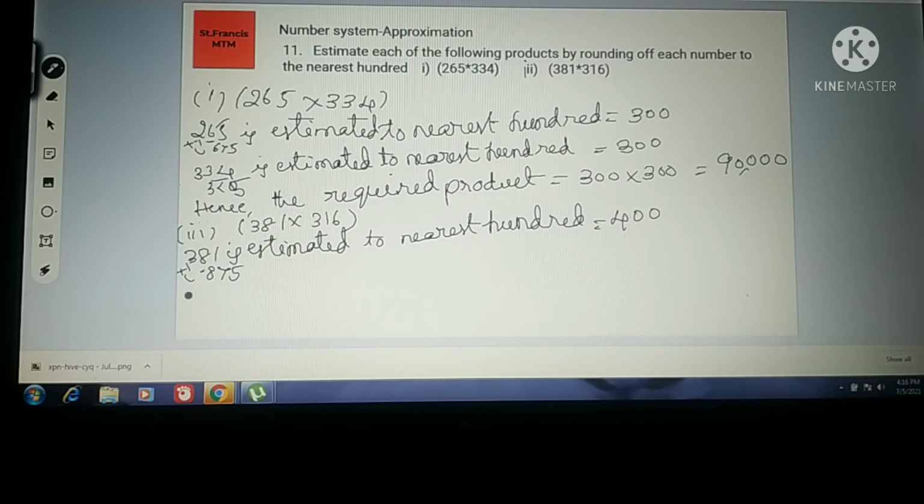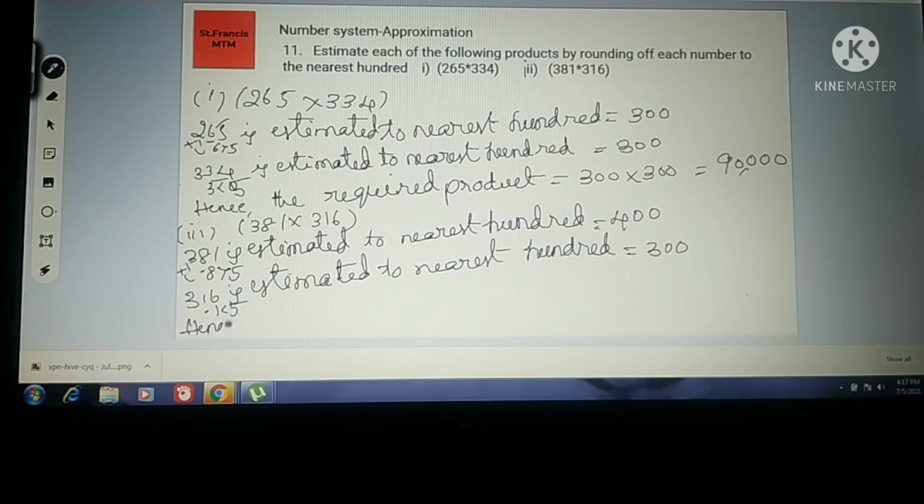And then the next number. What is that one? 316 is estimated to the nearest 100. We have to look at the tens digit. So 1 is clearly less than 5. So replace the tens and ones digit with zeros. Now the final step.